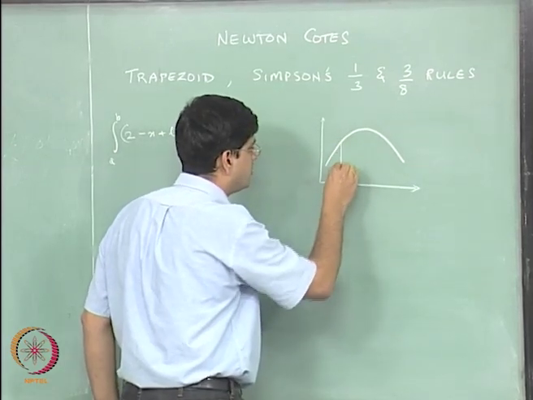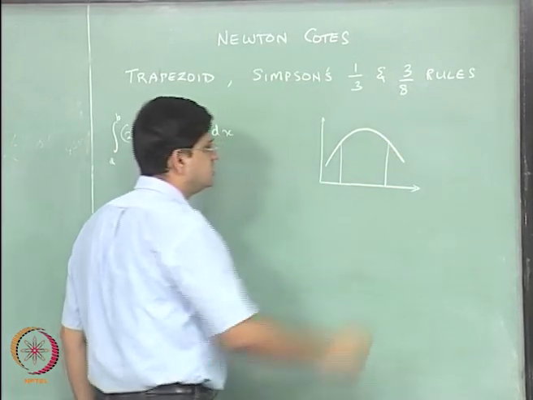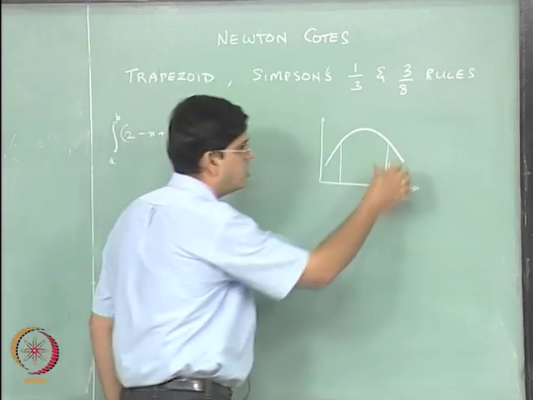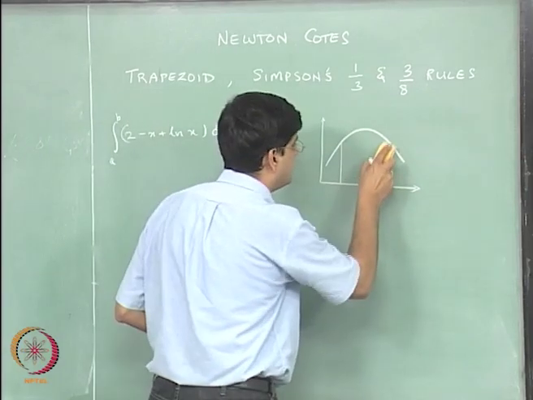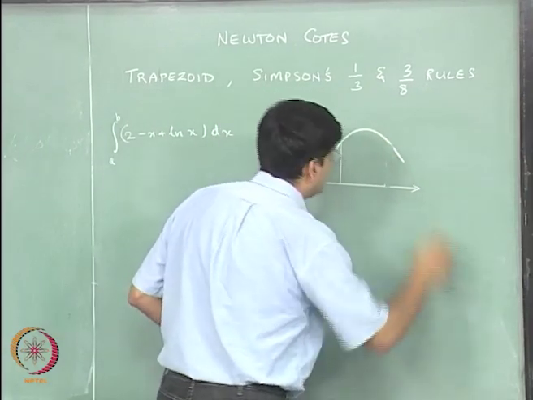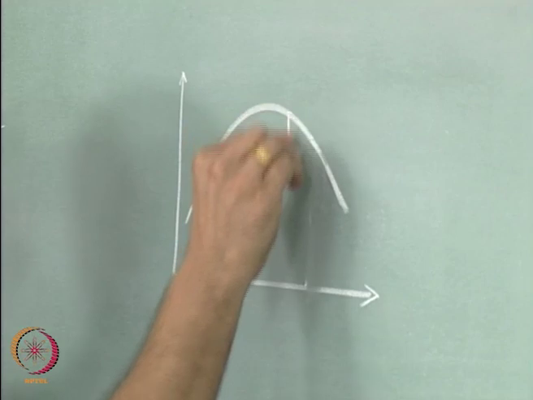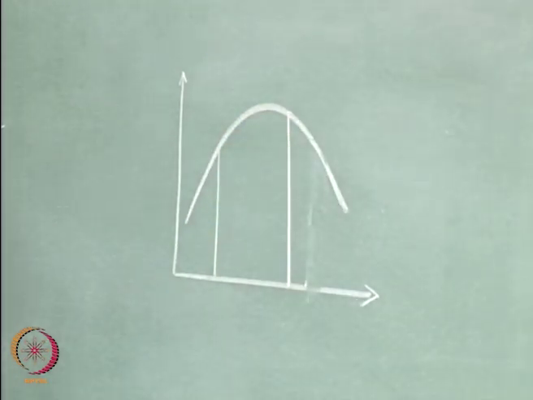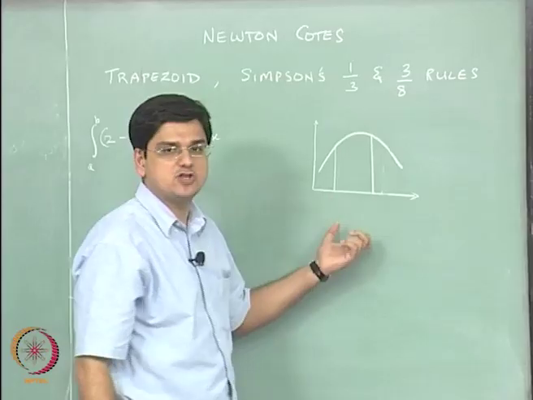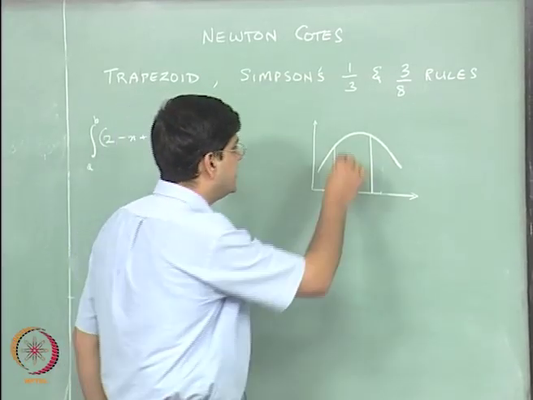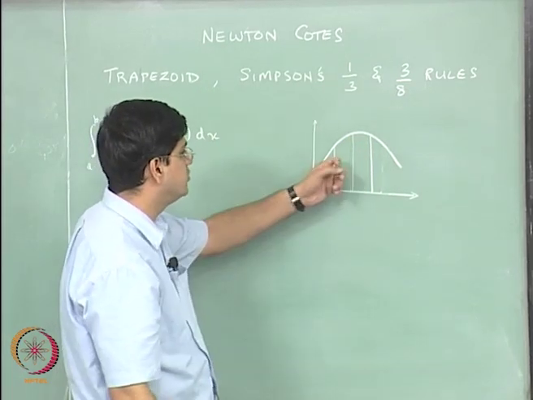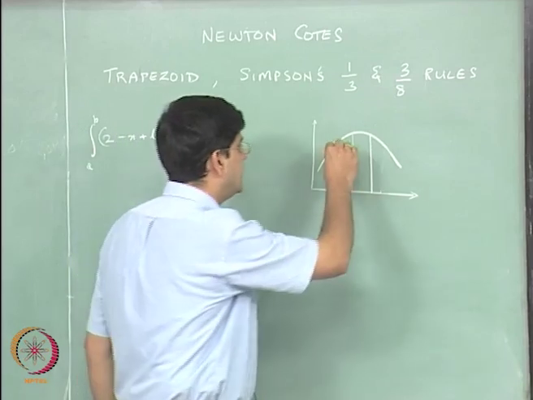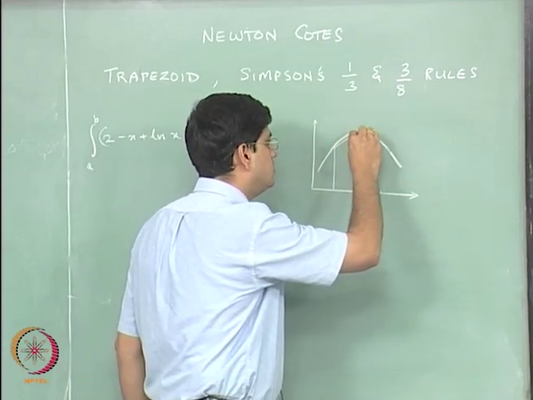So this is what we wanted to find out, this particular integral. What we did was first apply the trapezoidal rule directly to this integral, then we broke this interval down into two intervals, and then we applied the trapezoidal rule.